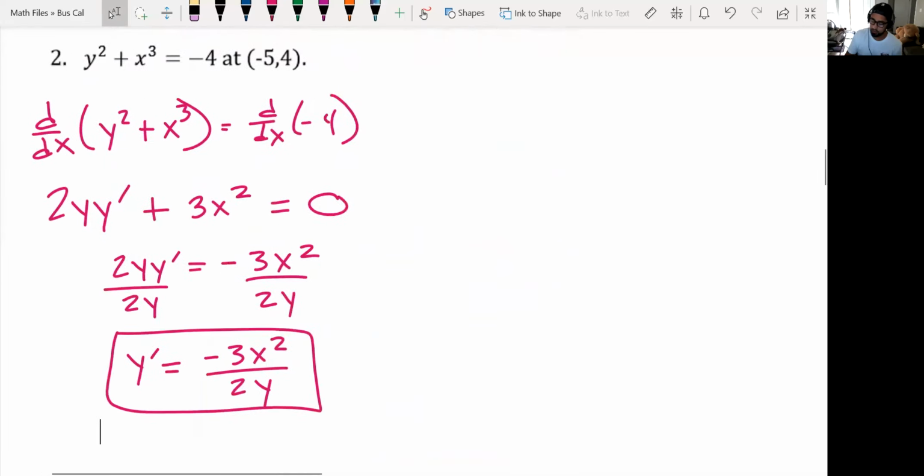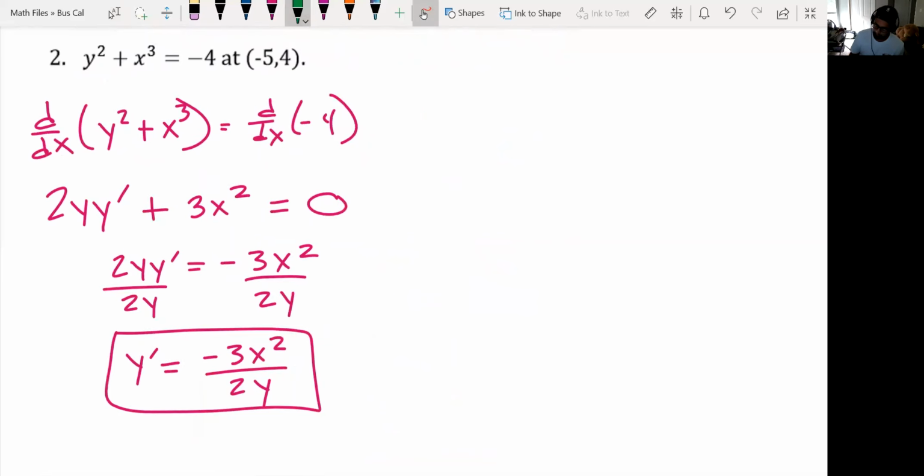Now just plug in that point we're given above. So y prime at the point -5, 4. And hey, look at this. We actually have a y value this time in the denominator, or just a y value at all in the derivative.